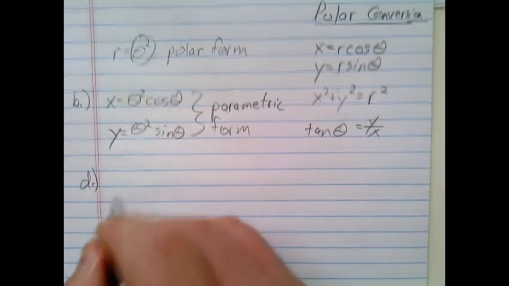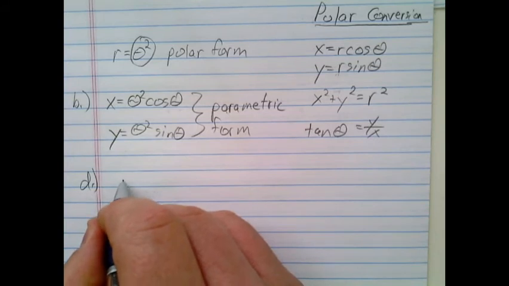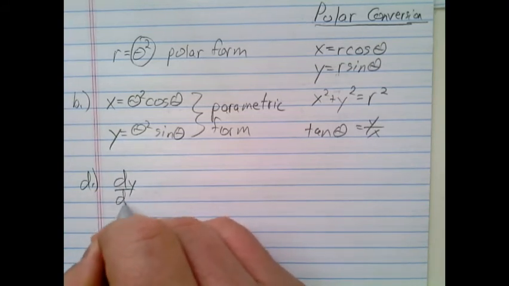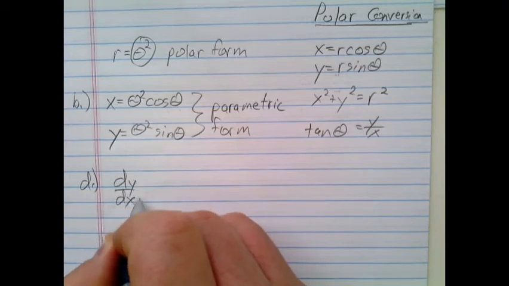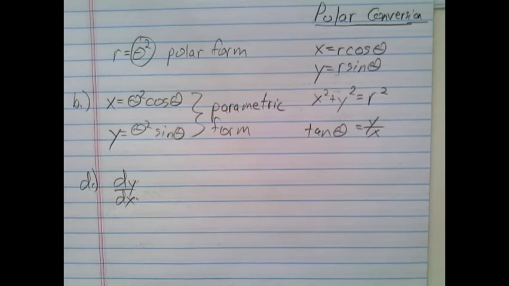But now in part D, we want to find a slope. Slope is always dy dx, rise over run. The variable measuring rise, variable measuring run, y and x. I always need dy dx for a slope, unless my axes are something other than x and y. But for polar and parametric forms, my axes are still really x and y axes.